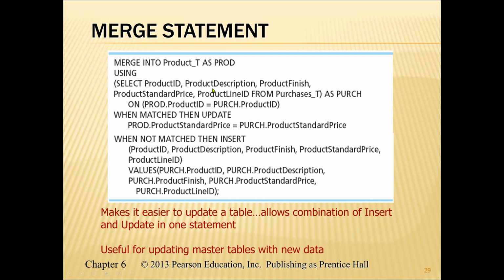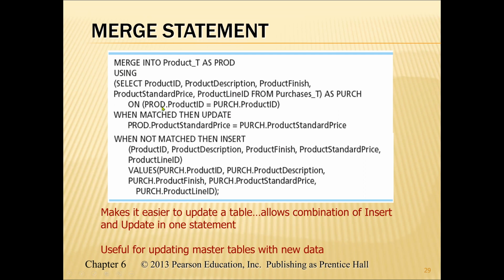So we have product ID, product description, product finish, product standard price, product line ID, and we are selecting all this from purchases table or purchase T. Now, when we select all these items from purchase table, we are going to have it as PURCH. That's the name.